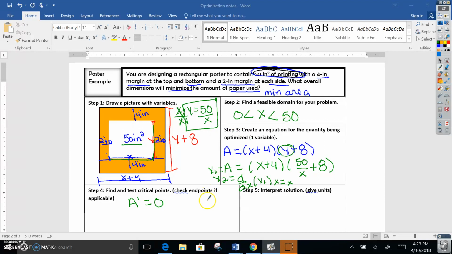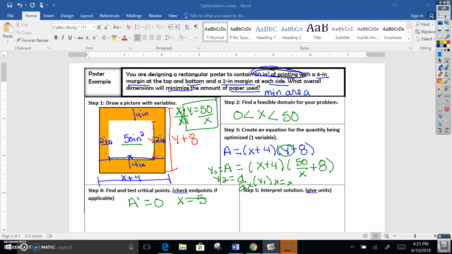So you can use that to change the window in your calculator so it's a little bit easier to follow. Once you do that, you set your derivative equal to 0. You identify that critical point. I think I worked this out and I got that x was equal to 5. I actually worked it out by hand, but you should get 5. And so x is equal to 5.